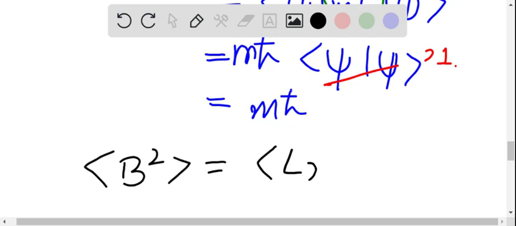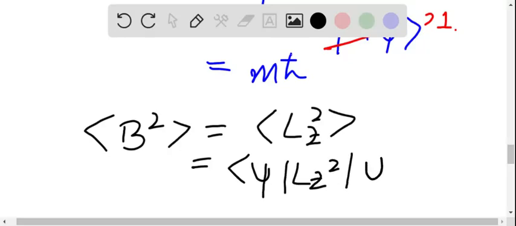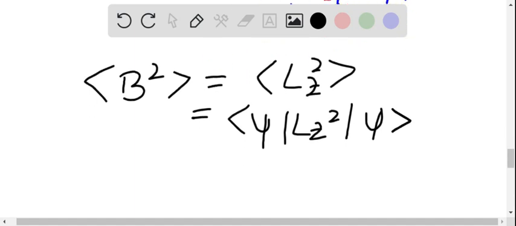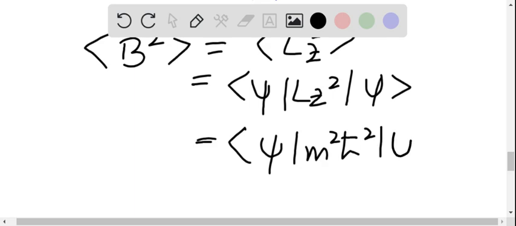So that would be equal to the expectation value of L z square, which is psi L z square psi. That is equal to psi m square h cross square psi.